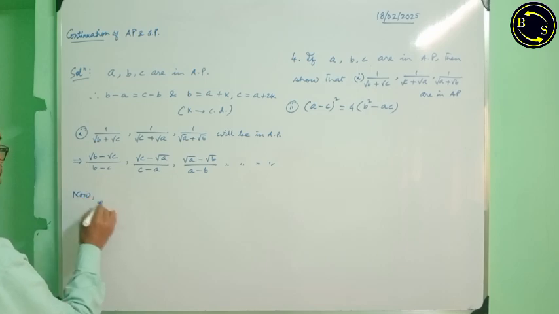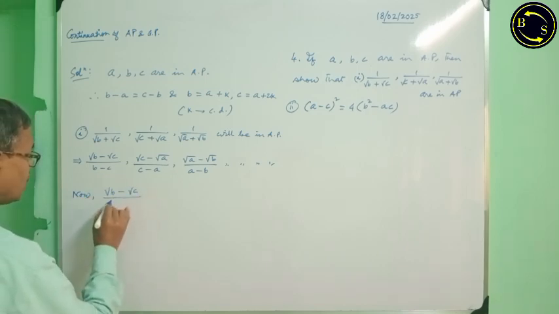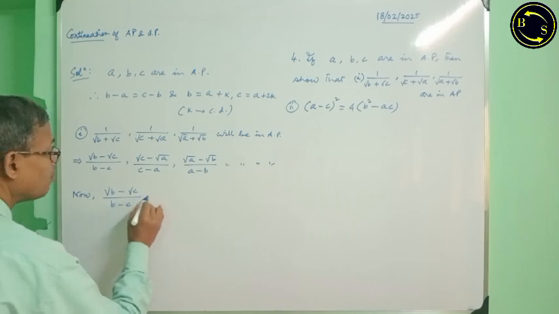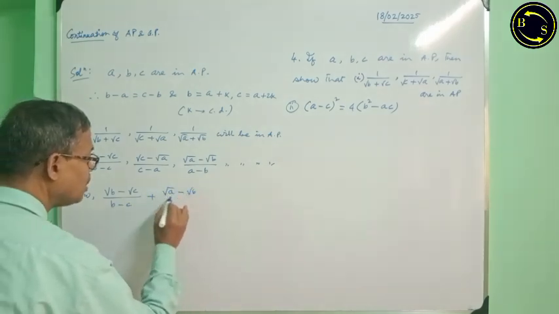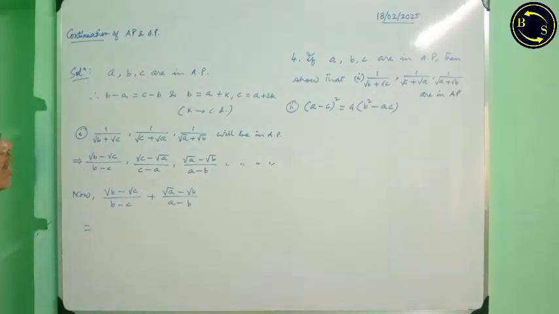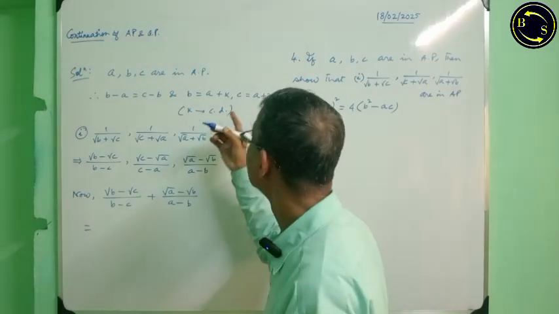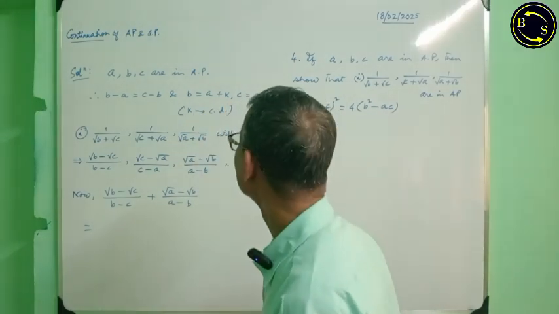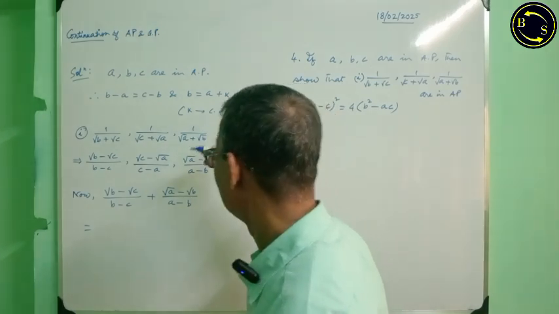Now, root B minus root C by B minus C plus root A minus root B by A minus B. You see, already we have taken K as a common difference.